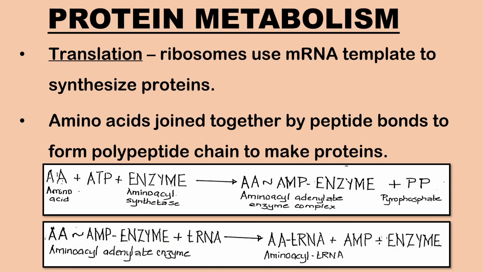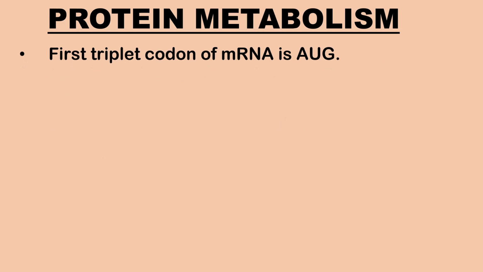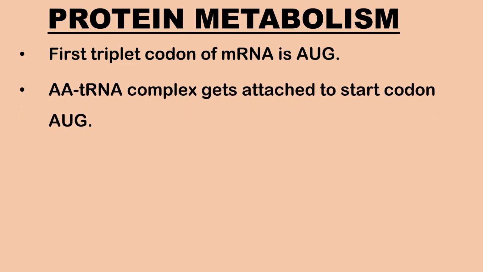Formation of the initial complex requires messenger RNA having codons for a polypeptide, subunits of ribosomes, the initial amino acid transfer RNA complex, ATP and GTP. The messenger RNA always has the first triplet codon as AUG. The amino acid transfer RNA complex gets attached to the start codon AUG.